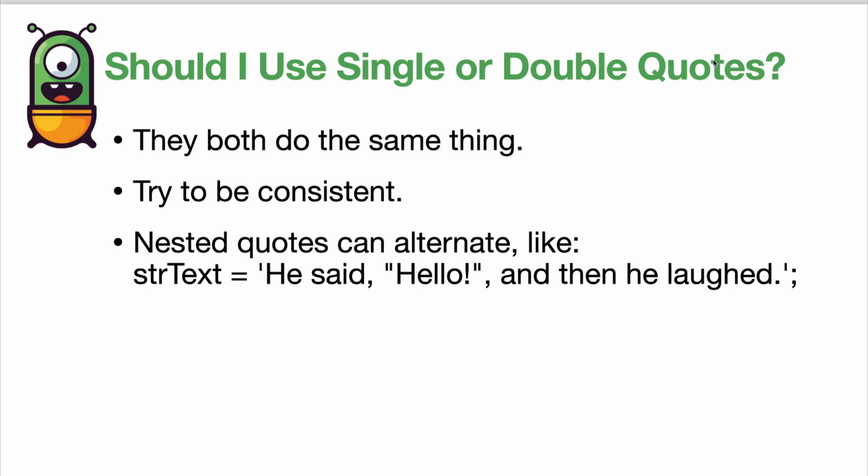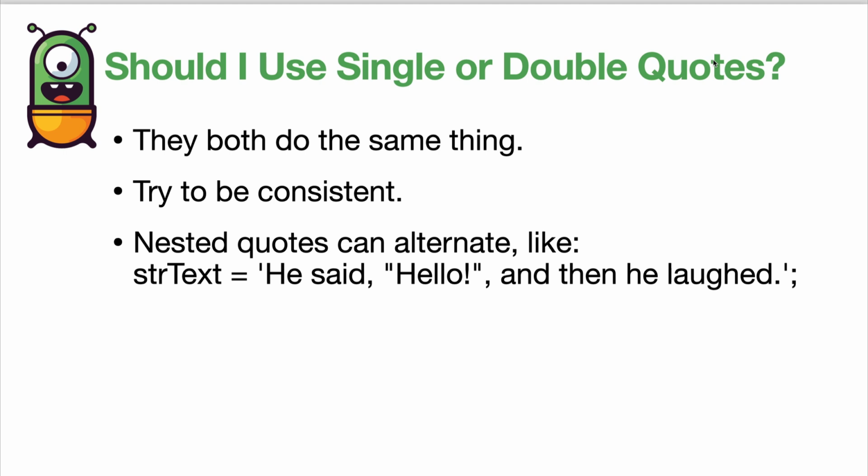The other thing you need to understand about single and double quotes is that if you have quotes inside of quotes, then it's good procedure or proper procedure to alternate them. So in this sentence here, if it says str text equals 'He said "hello" and then he laughed', you can see that the outer quotes are single quotes that encompass the entire string, and that inside the string I have double quotes that enclose whatever the subject of this sentence said.